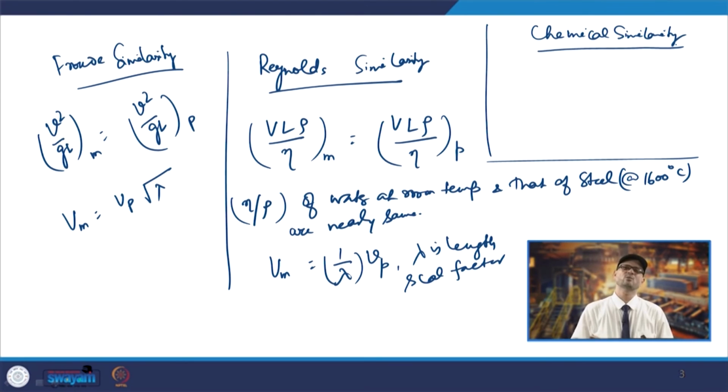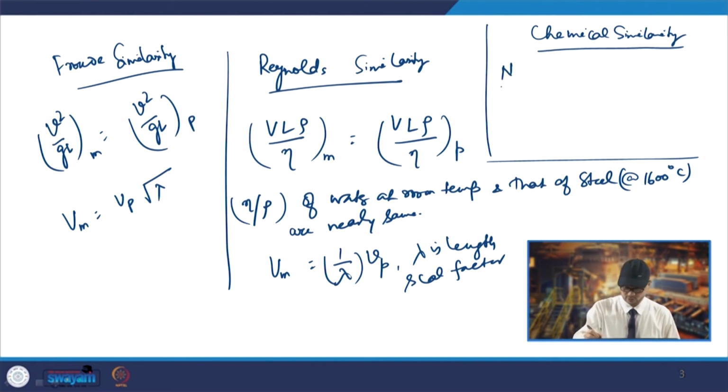These quantities also need to bear a certain ratio, and that is taken into consideration by the chemical similarity condition.